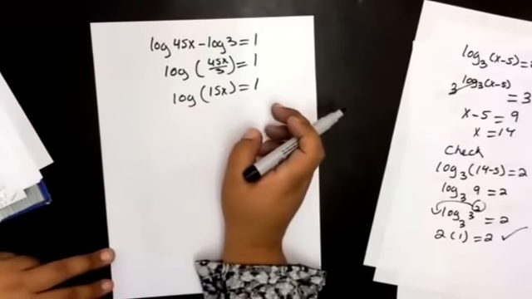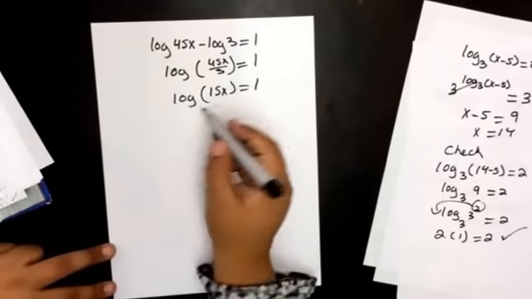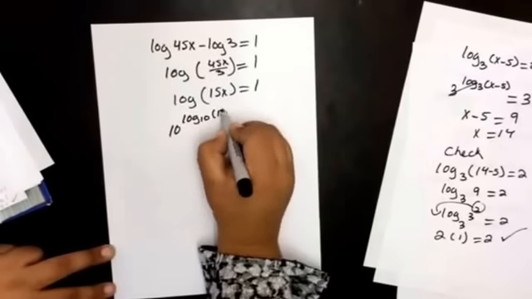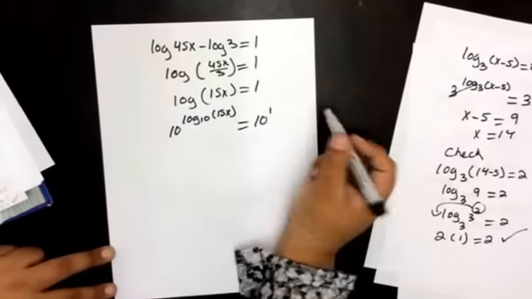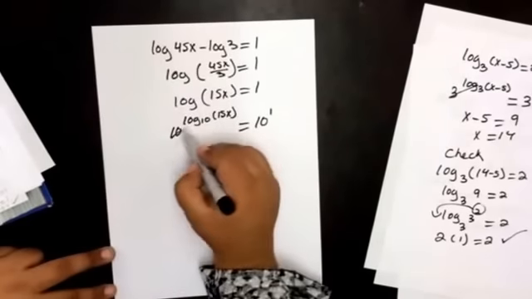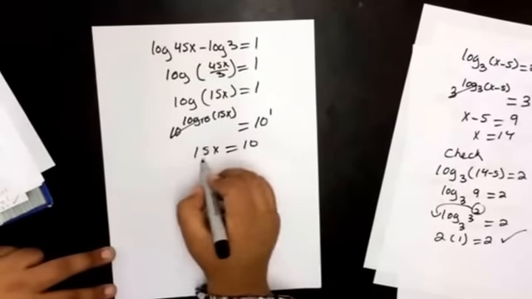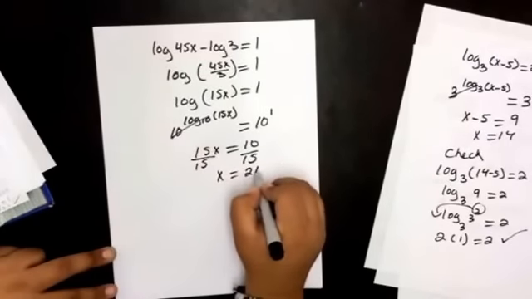Since it's a common logarithm, which means that it has a base of 10, we can write it as 10 to the log base 10 of 15x equals 10 to the 1. We have the same base, they cancel, so 15x equals 10. If we solve for x, we divide by 15, so x equals 2/3.